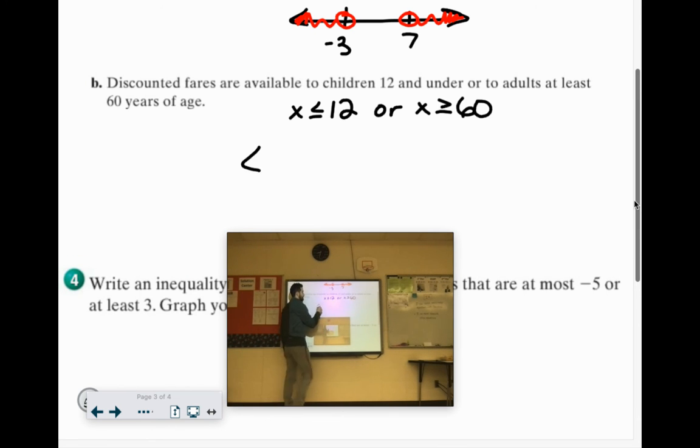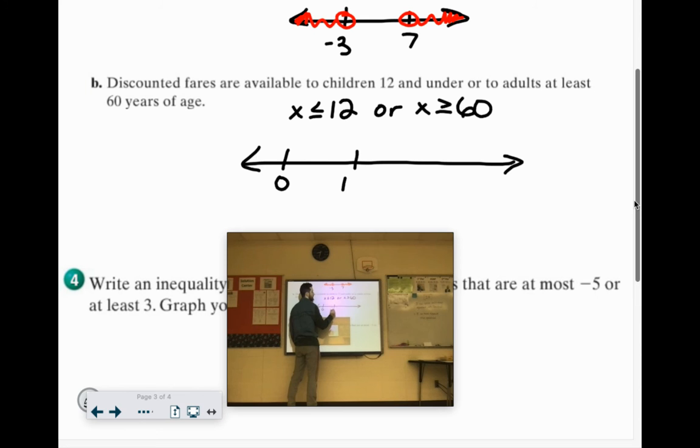But yeah, let's be realistic. Let's go to 0. So we'll mark 0, 12, and 60 on this one. Why not? So the 12 includes it, but also less than that.